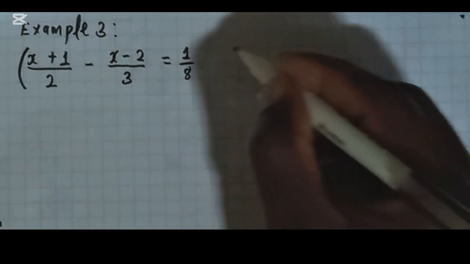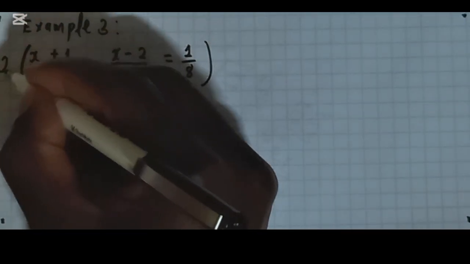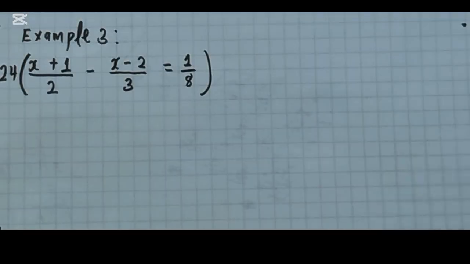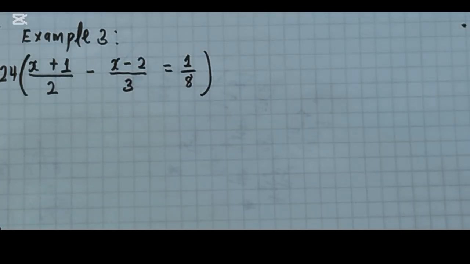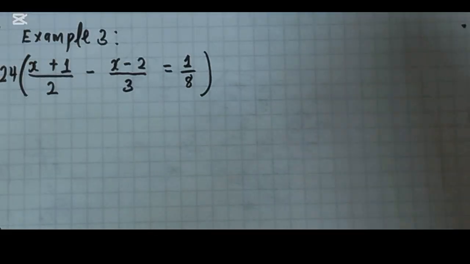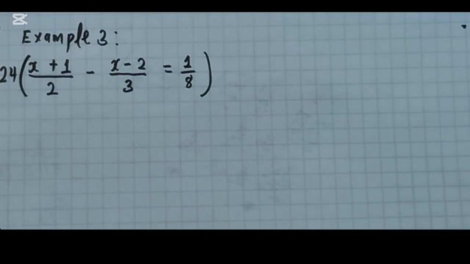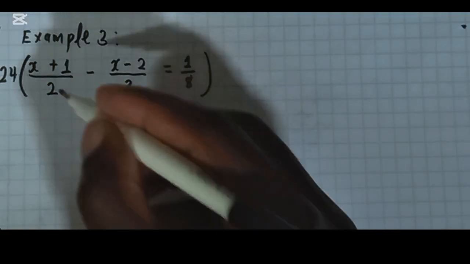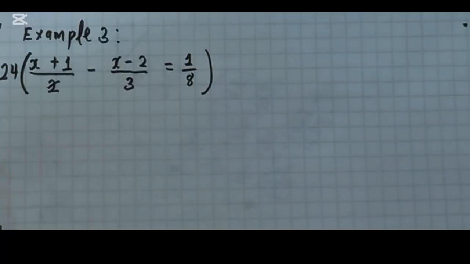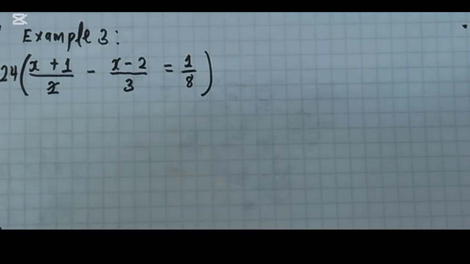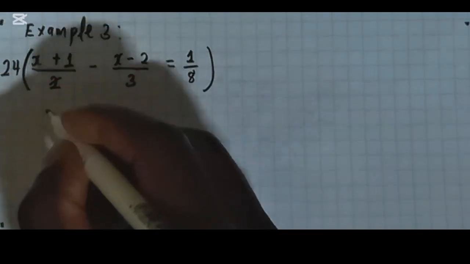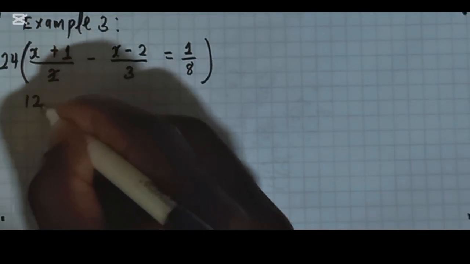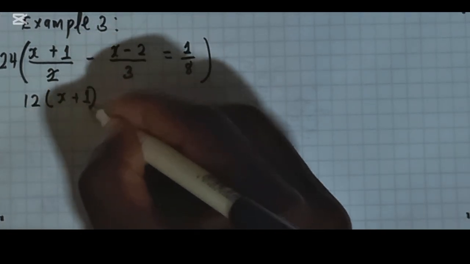So we're going to have 24 multiplying every term in this equation. We take 24 divided by 2, and that's going to give us 12. So for the first term, we're going to have 12 into x plus 1.